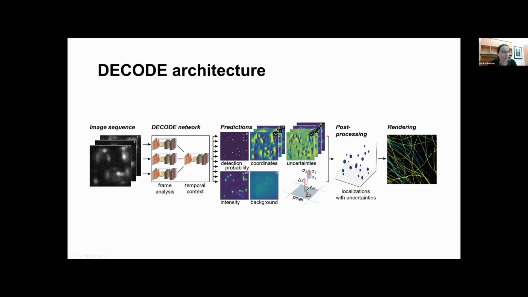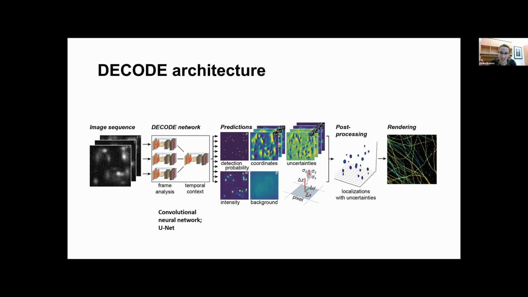Furthermore, this so-called DECODE network, which is based on a convolutional neural network, is something which changes according to which type of camera and fluorophore you have. So this is something which needs to be trained.